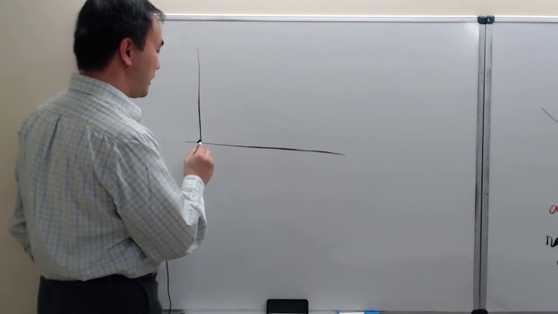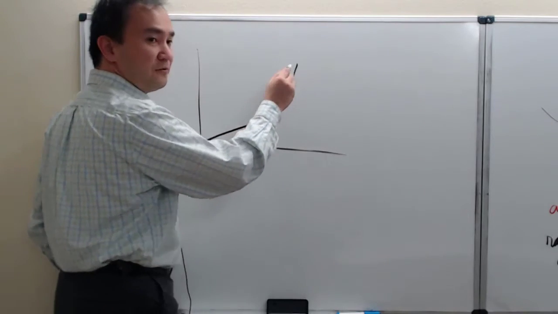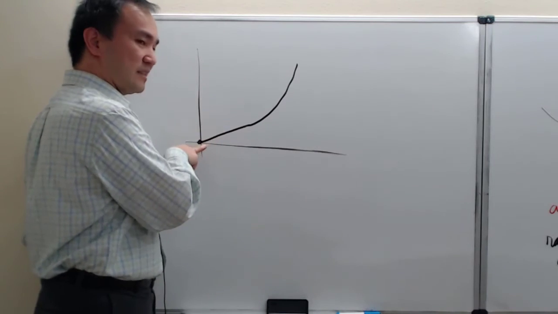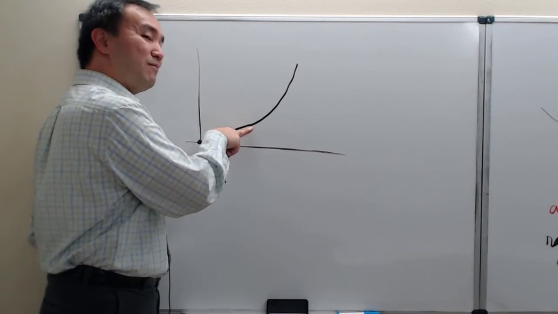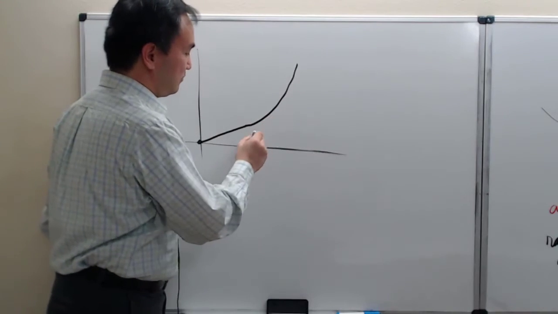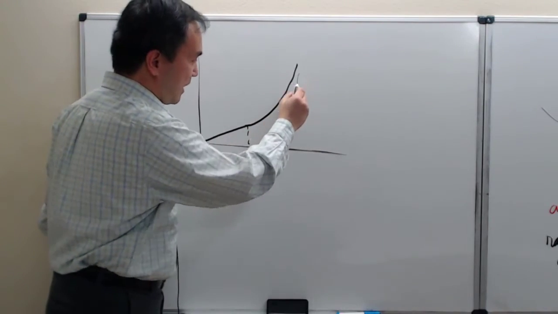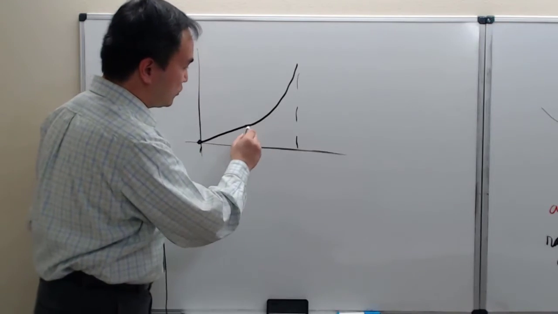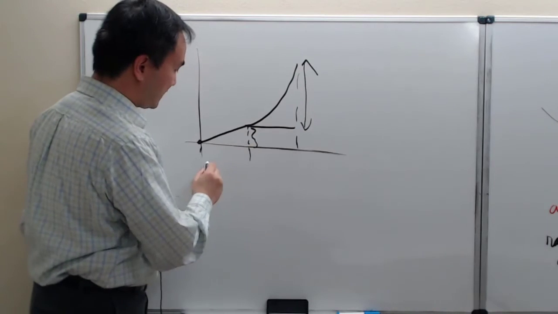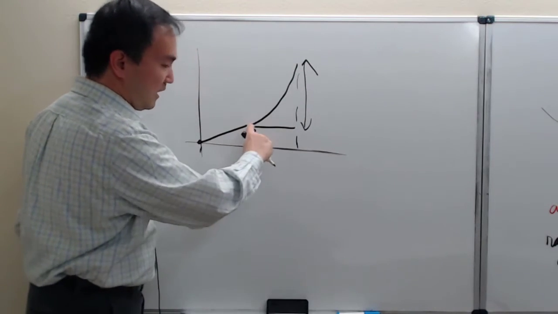Maybe you were walking at a steady pace, but then at some point you decided you have to hurry up. And so a steady pace gives you a straight line going linearly up like this.